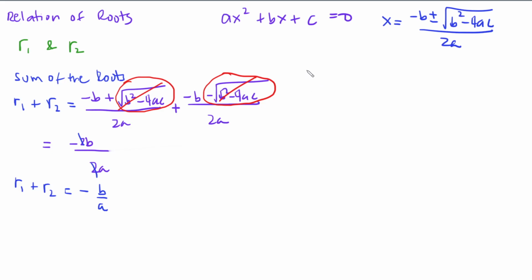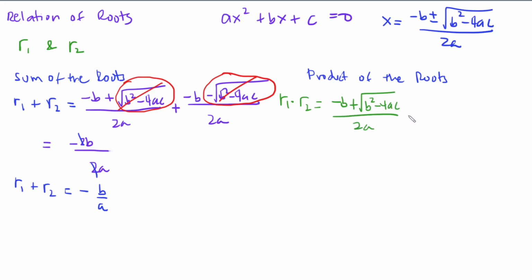How about the product of the roots? Let's have R1 times R2, that is equal to, using the quadratic formula, negative b plus the square root of b squared minus 4ac over 2a, multiplied by negative b minus the square root of b squared minus 4ac over 2a.